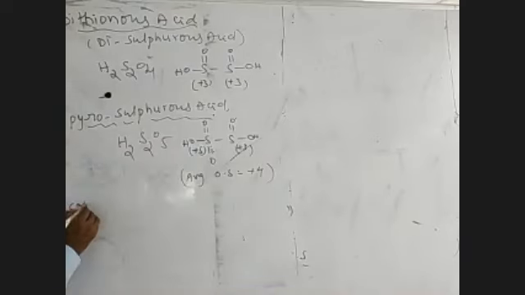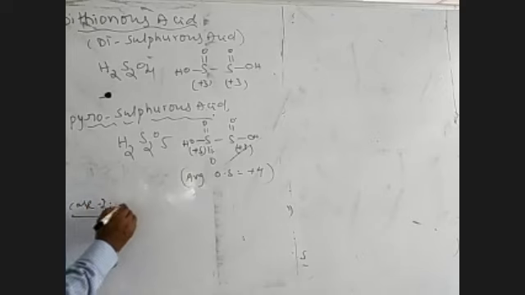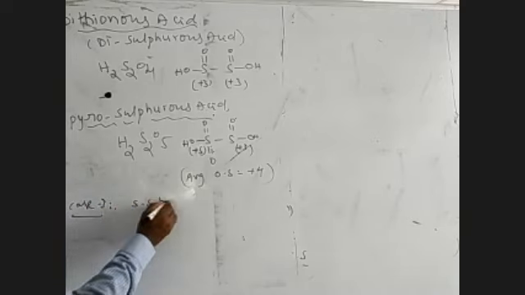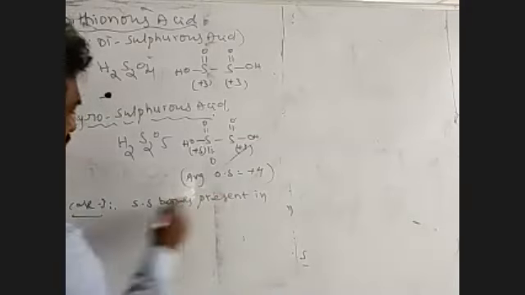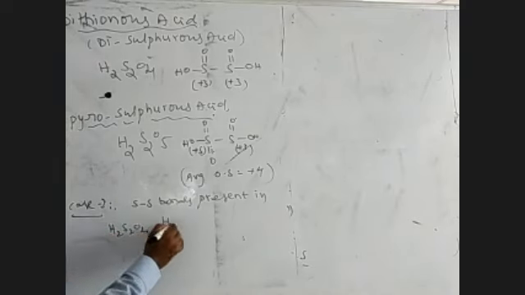Here in these compounds, S and S single bonds are present in H2S2O4 and H2S2O5. Another compound: here in the thionic acid series we have to take H2S2O6.